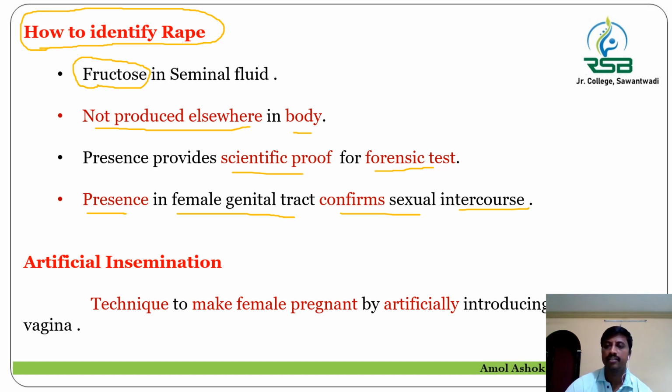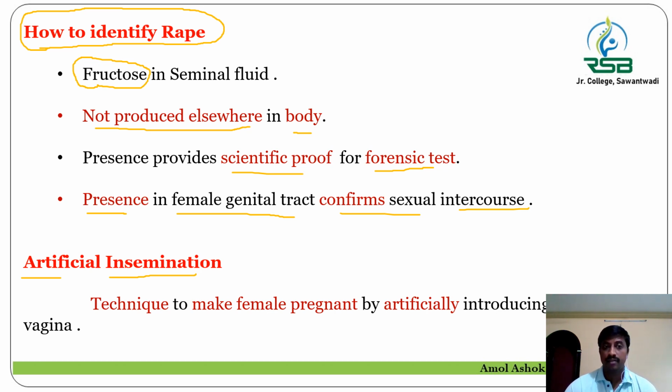Then come to the next small point, that is artificial insemination. Insemination means the introduction of semen into the vagina of the female.